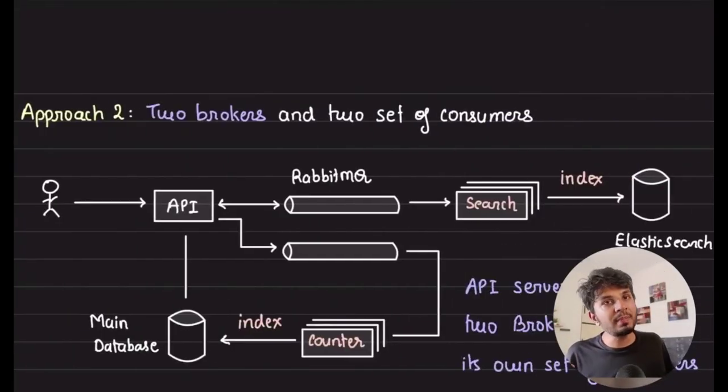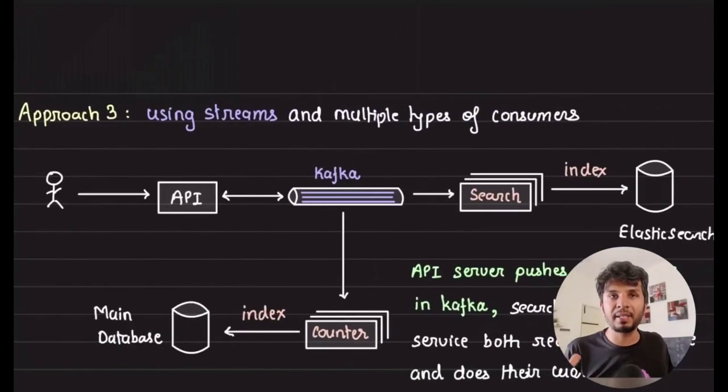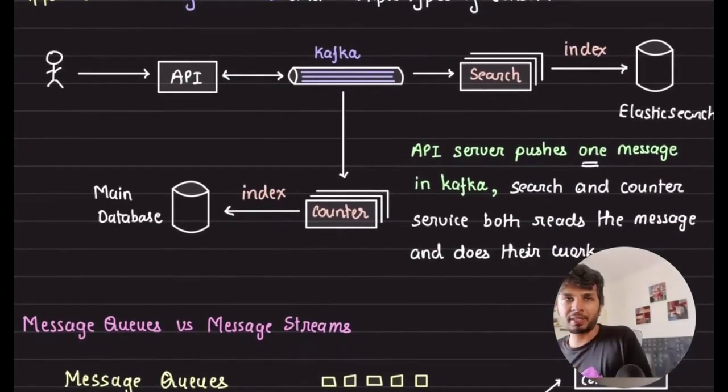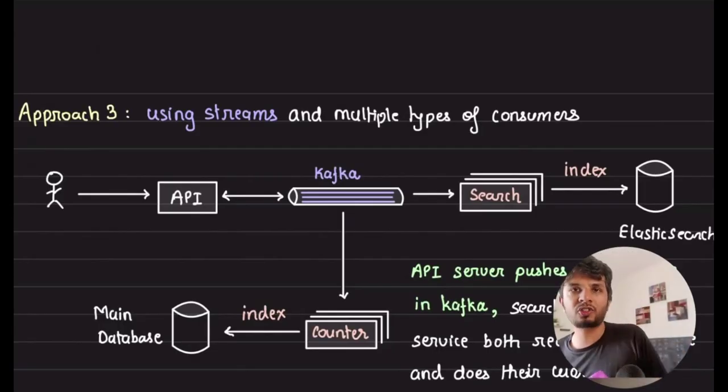But what a message stream suggests is that instead of one consumer pulling that message, you can have multiple types of consumers getting the exact same message. Let me explain that. Let's say we replace our message queues with message streams.